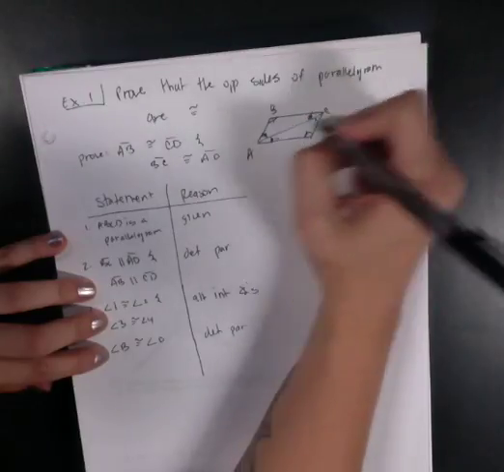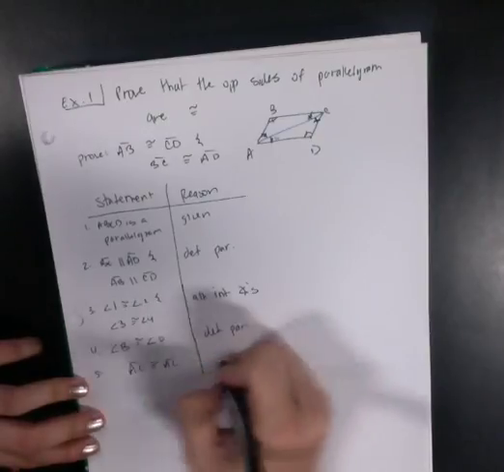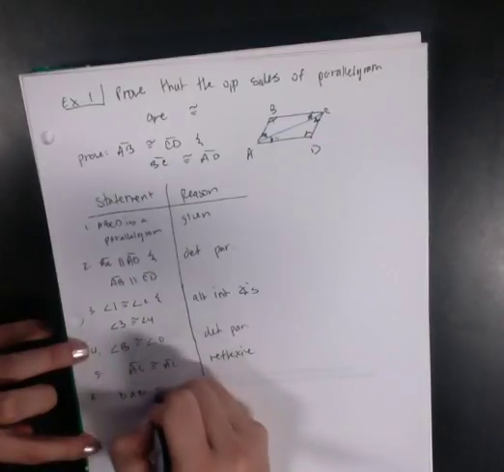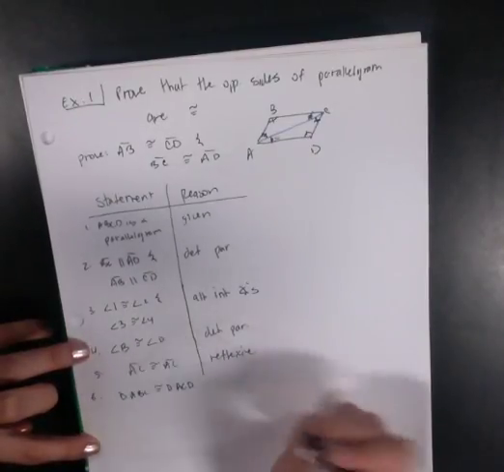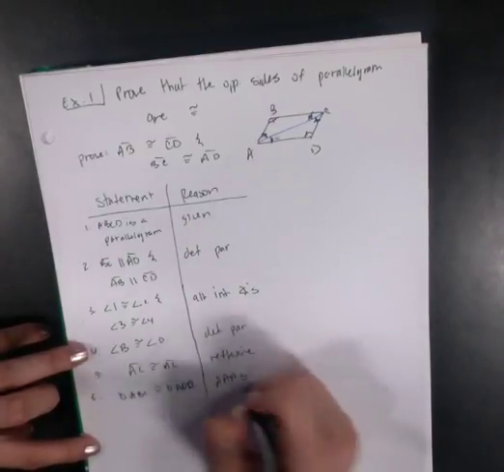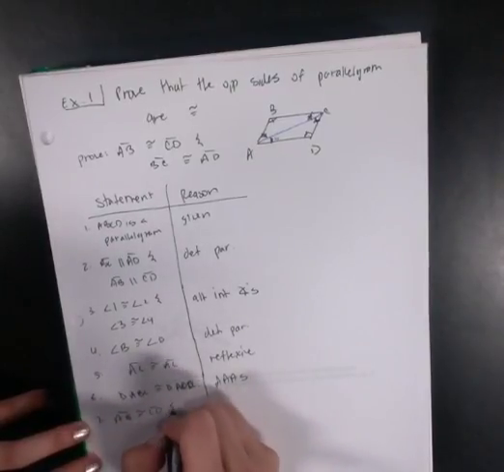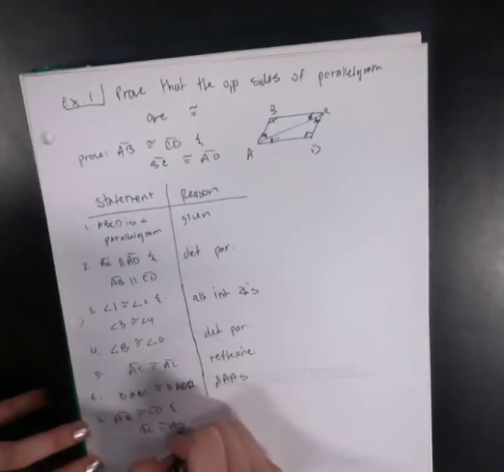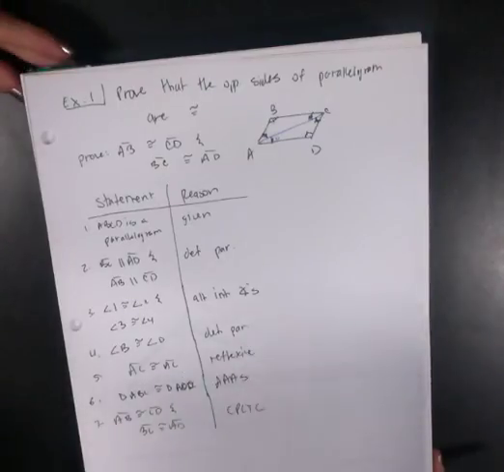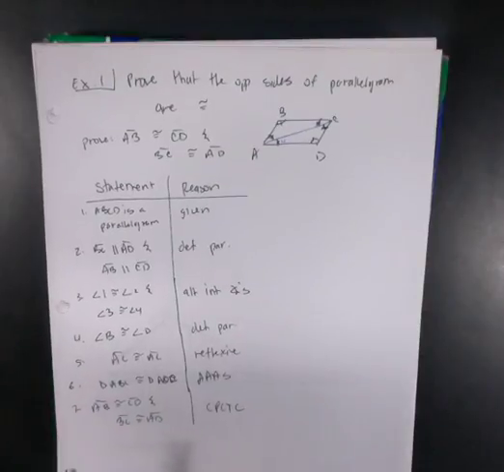I know that these are congruent. And I know that AC is congruent to AC by reflexive. So I can say triangle ABC is congruent to triangle ADC by angle, angle, angle, side. And then I can say that AB is congruent to CD and BC is congruent to AD, CPCTC. So there you go. That is using parallelograms, and that was a little bit of review for you on proofs.